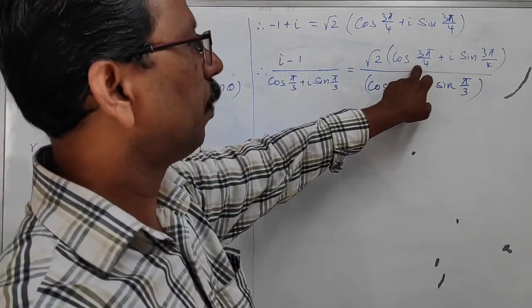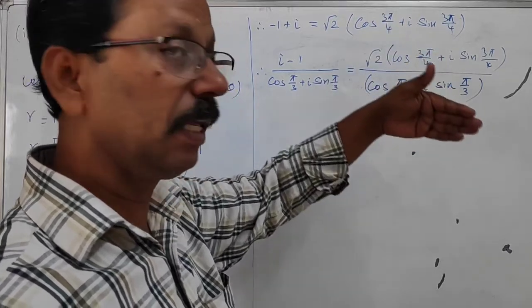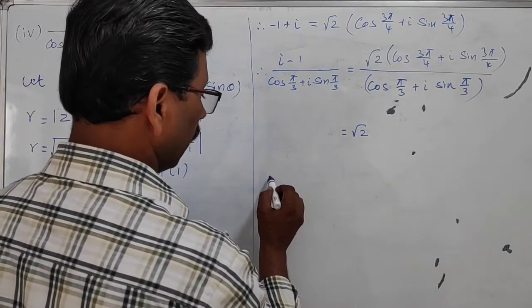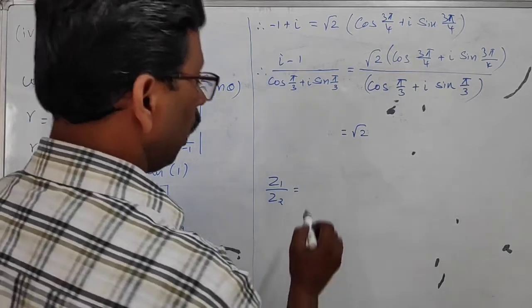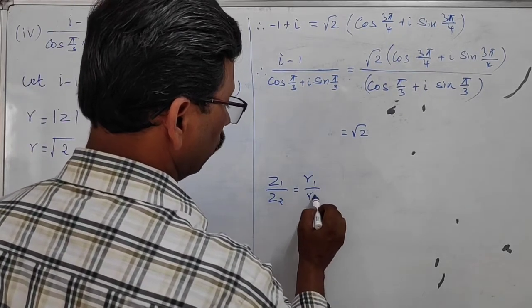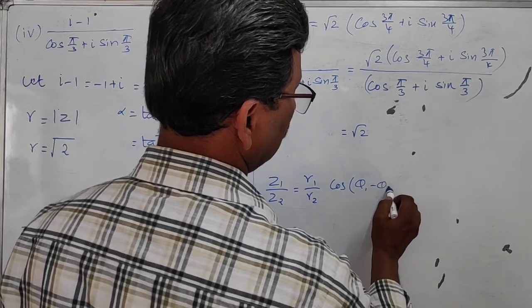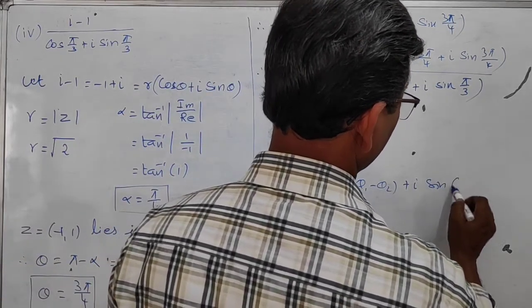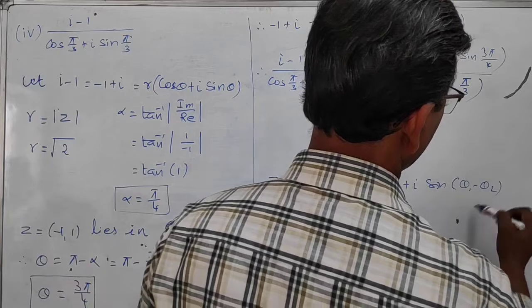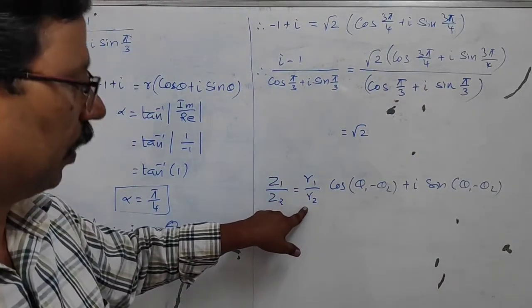Now this is one complex number z1, this is another complex number z2. Already we have learned, z1 by z2 is equal to r1 by r2 into cos of theta 1 minus theta 2 plus i sin of theta 1 minus theta 2. Now r1 is the modulus of the numerator, r2 is the modulus of the denominator.